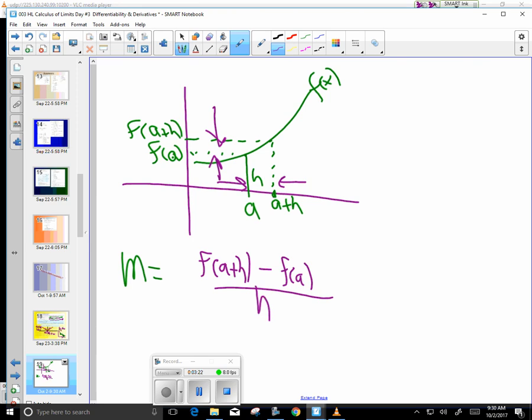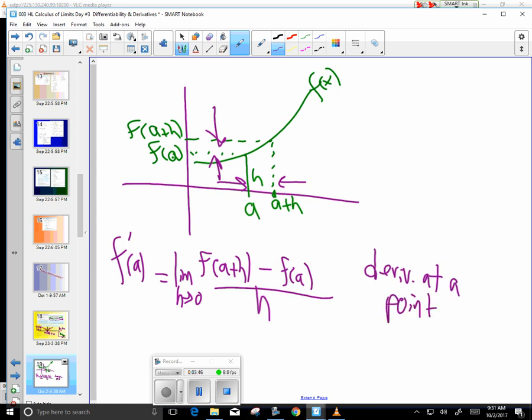Now, what should h be to get the derivative at a point? To get the derivative at a, you take the limit as h gets very, very tiny, to 0. This is called the derivative at a point. I don't know if you've ever seen that before. You've seen the general one, where instead of a, they give it a variable x, and call the next point x plus h, with y value f of x plus h.